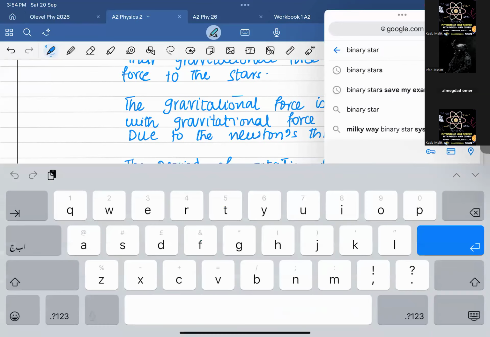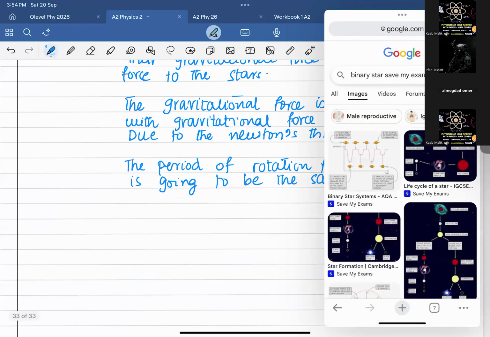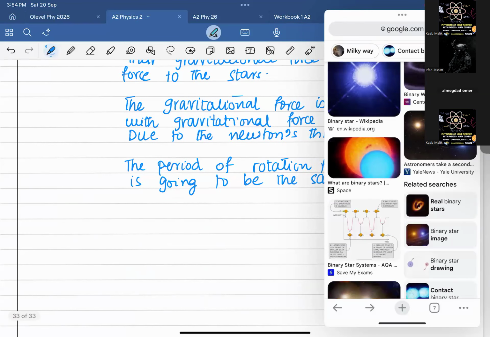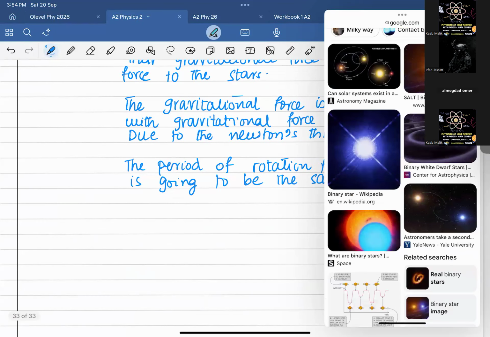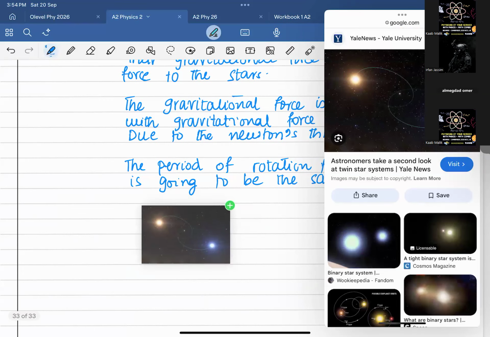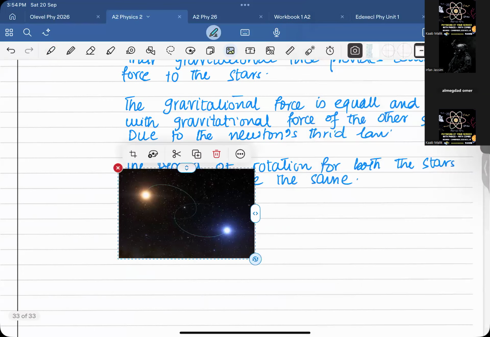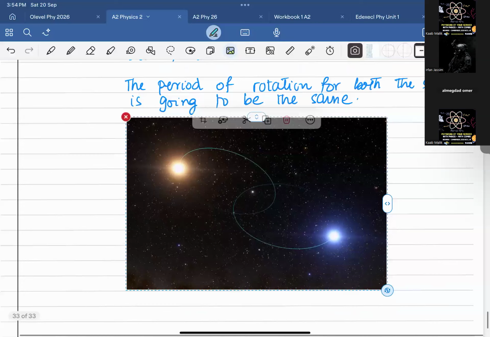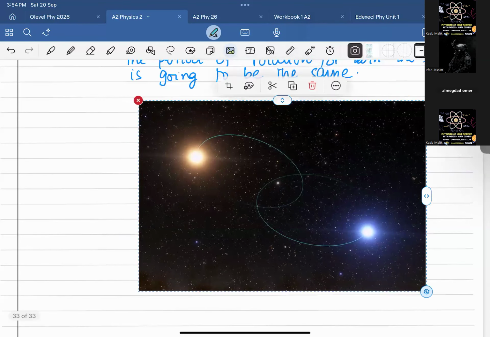So this is the picture of binary stars. It is two stars moving around a common center.